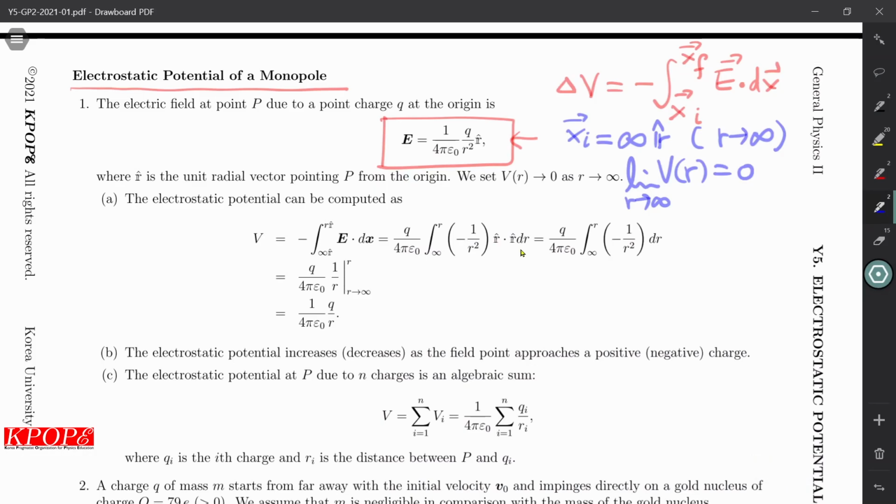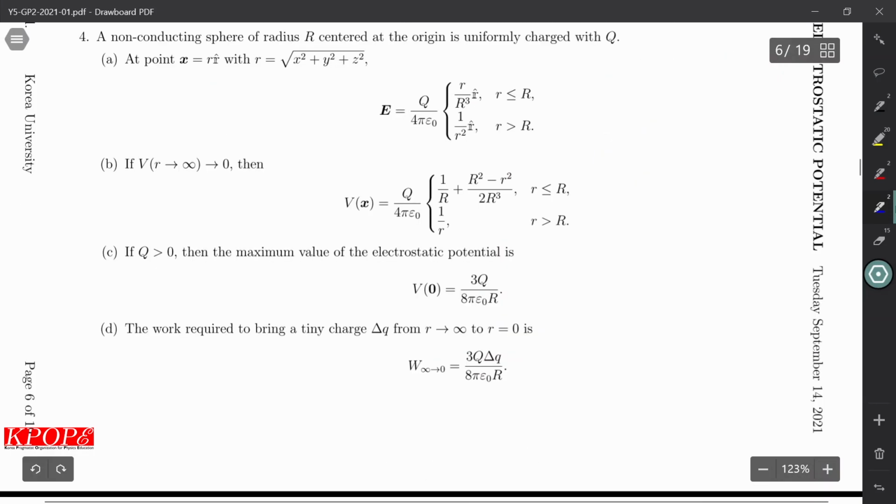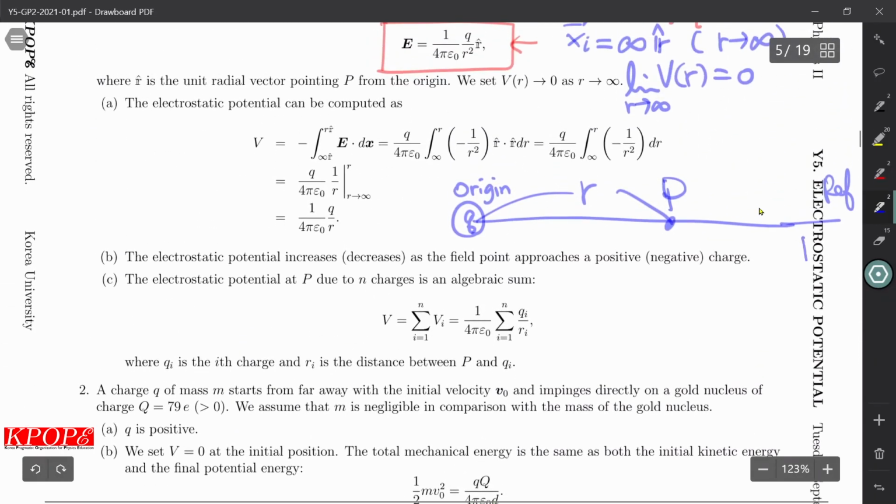So what we want to do is, there's charge q at the origin. We have a certain distance to field point P and the reference point at r goes to infinity.